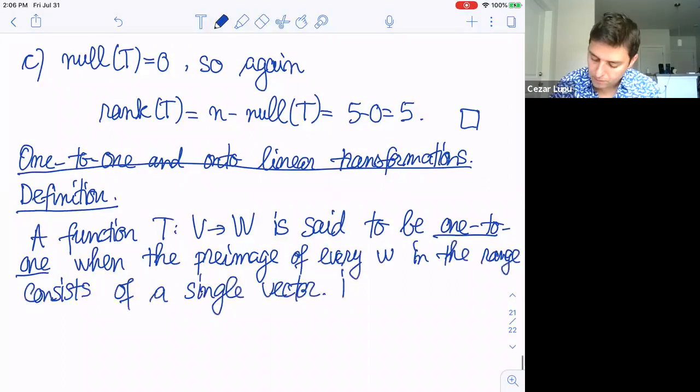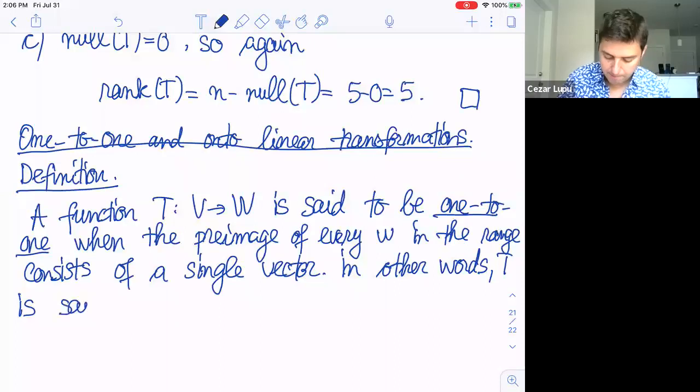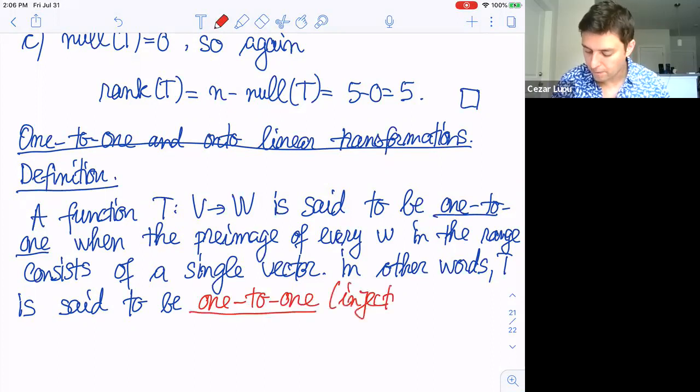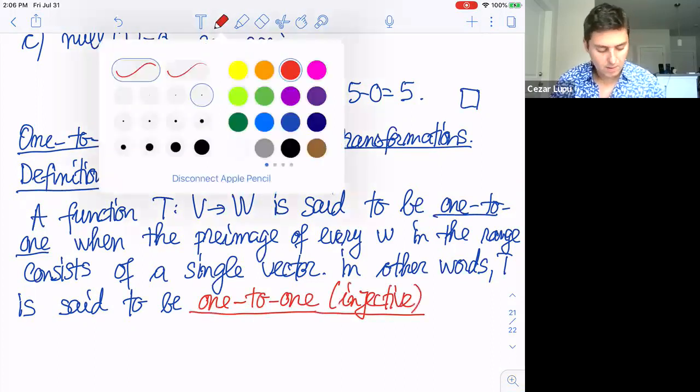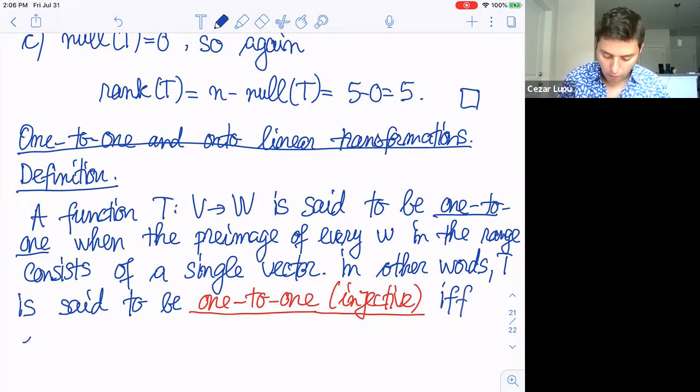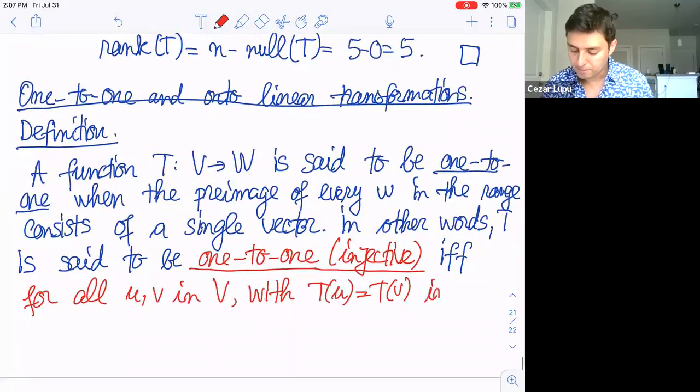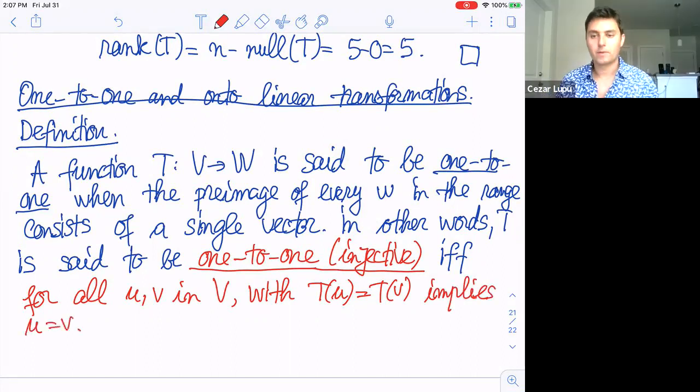In other words, T is said to be one-to-one, or sometimes we call it injective, so keep in mind also this word, if and only if for all U and V in V with T of U equals T of V implies U equals V. So that's basically what you need to know.